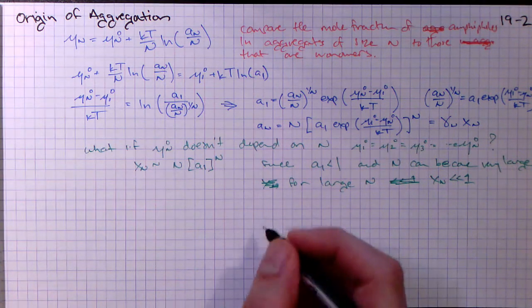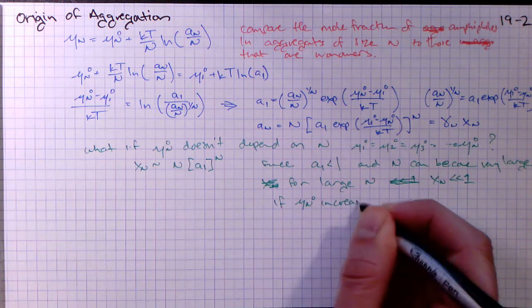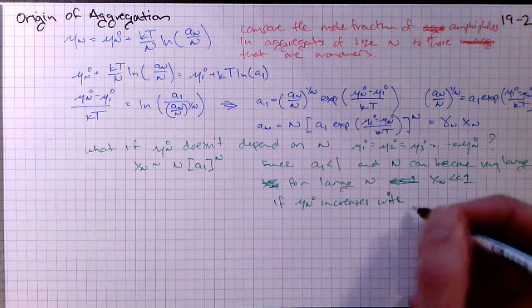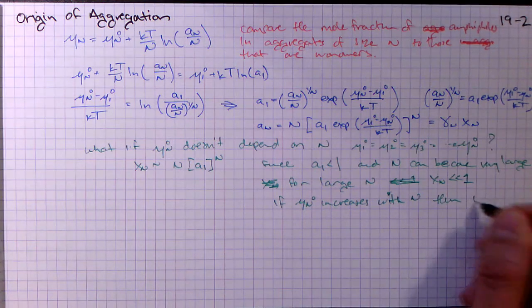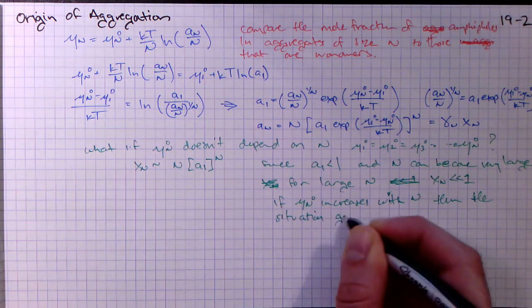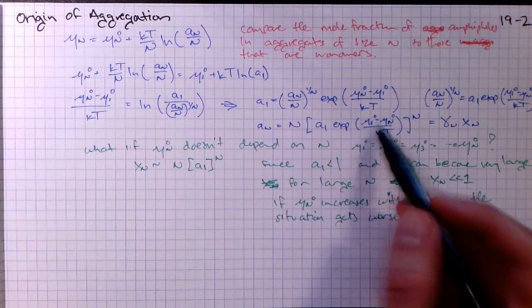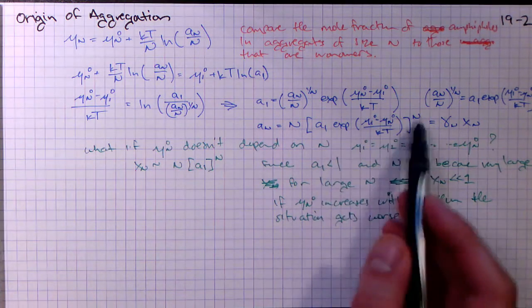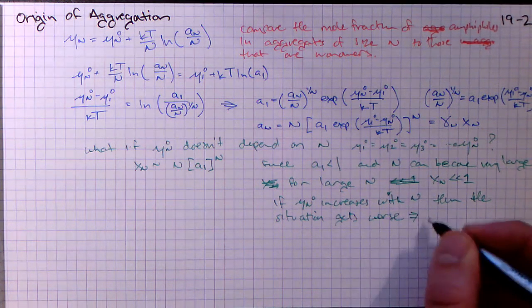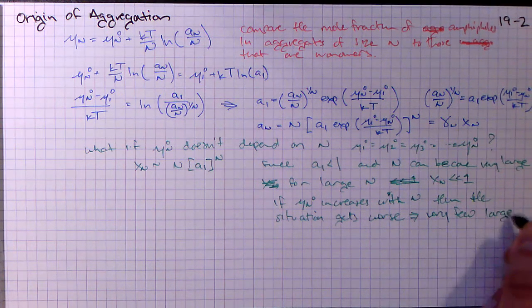And we can see that if mu n0 increases with n, that is, if it's higher energy to put molecules in larger aggregates, then the situation gets worse. So then this would get even smaller, right? Because you're going to have a negative number up here, so the thing you're taking to the nth power is even tinier. And so you're likely to have very few large aggregates.